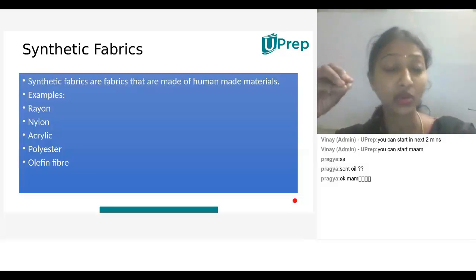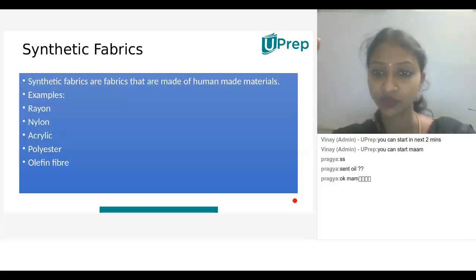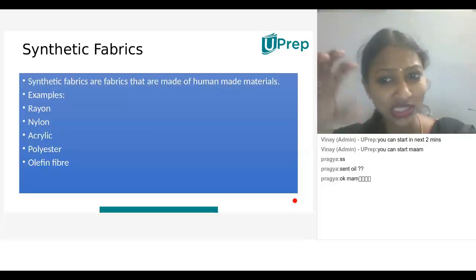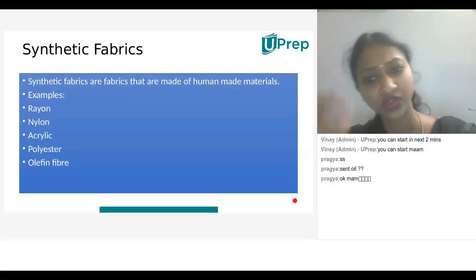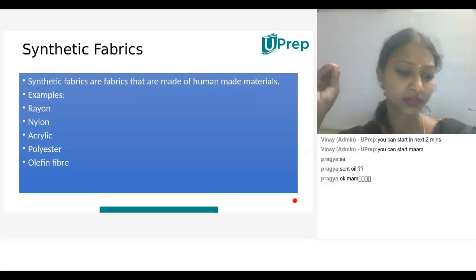What I mean to say is, if we are thinking about 6,000 and 2,000, we can't wear 6,000 rupees costly material all the time for every purpose. Only occasionally we'll go with the high price material. Am I right? Yes, ma'am.